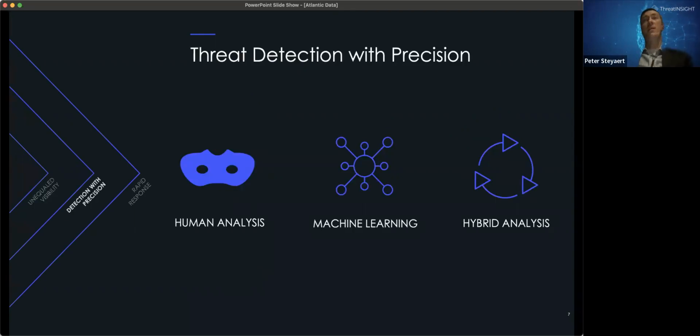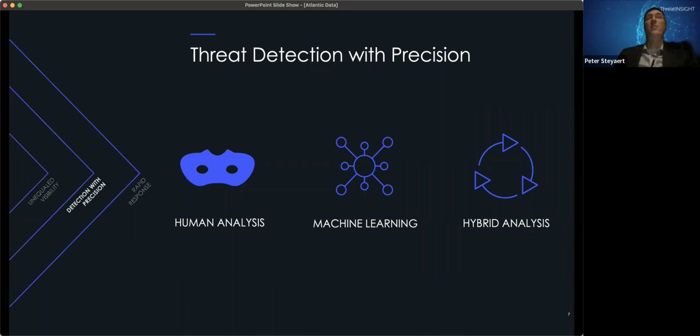Going further than that, when you're looking at a network detection and response tool to help out with this, you need to look at it from a human analysis perspective: what information are we providing from a threat detection and response perspective? What detections are we firing off? How are we doing it from a human intel perspective? Going into machine learning, right?